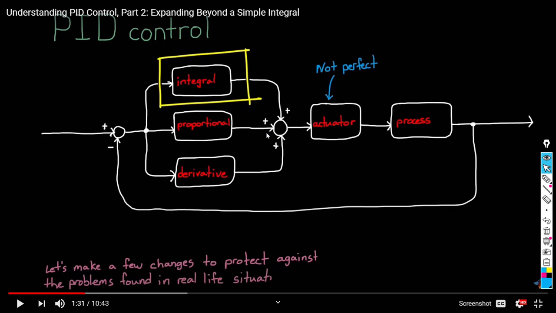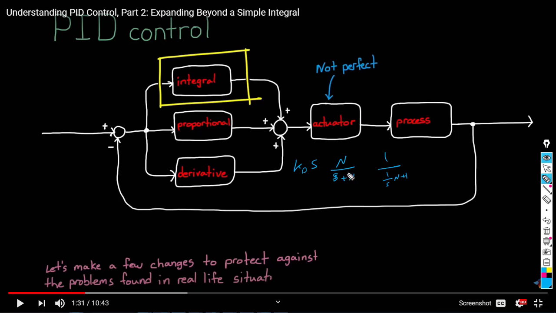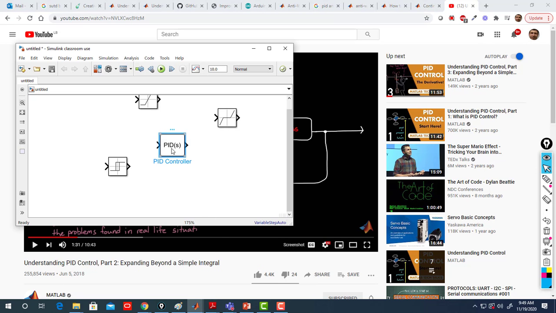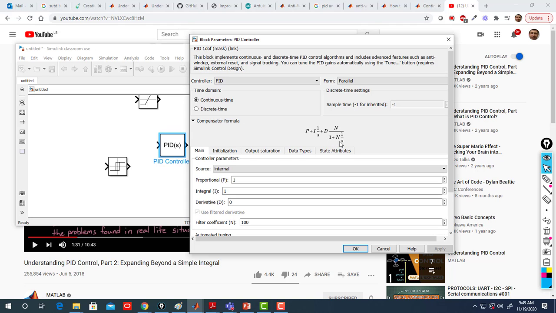Now, as we expand beyond the derivative term, instead of having KD s, we said let's add N over s plus N, or as MATLAB describes it, N over 1 plus N times 1 over s.